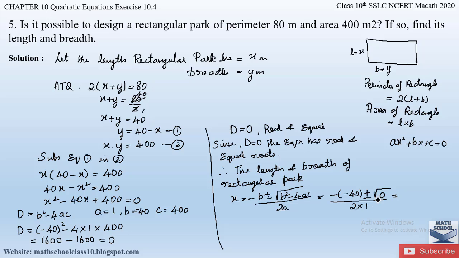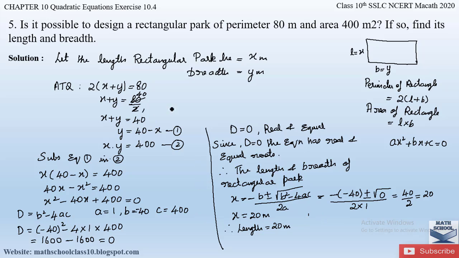The minus and minus will become plus 40 divided by 2, which is 20. So we have obtained the x value as 20 meters. What was the x we had assumed initially? It is the length of the rectangular park. Therefore, length is equal to 20 meters.